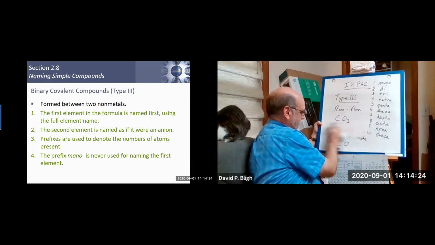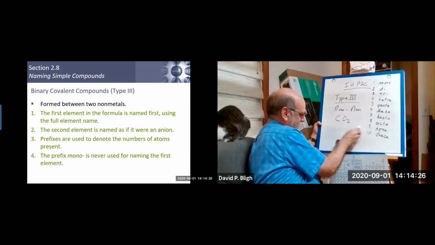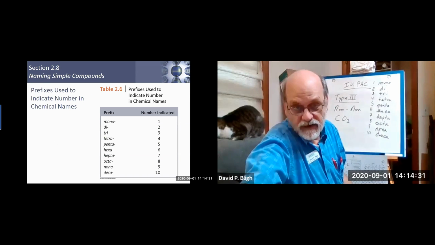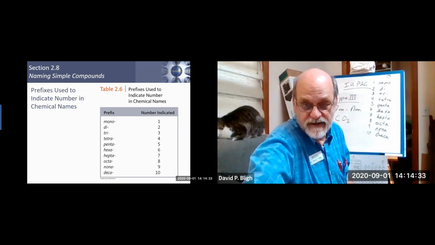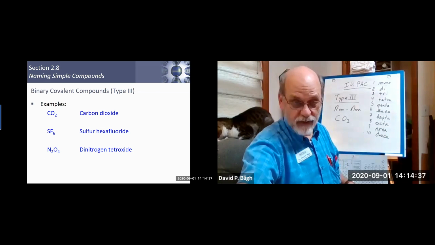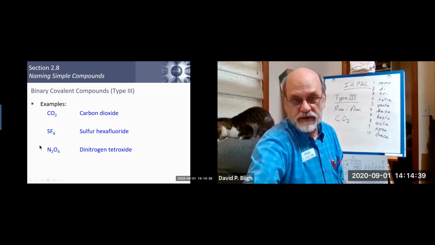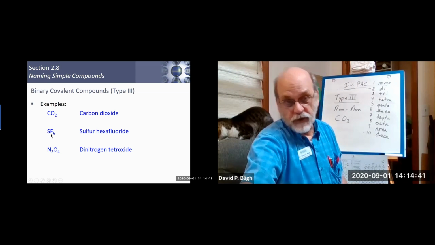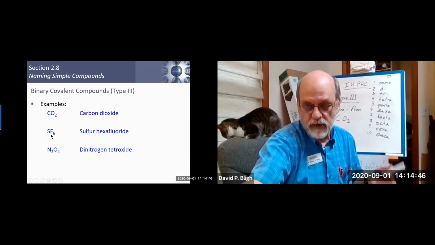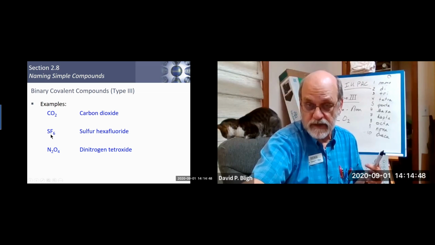Okay. Let's see. Oh, there they are. Your prefixes. Okay, we got some more examples. There's carbon dioxide, sulfur. First, I'd look to see, are they both nonmetals? Yes, they are. Sulfur and fluorine are both nonmetals. So we're type 3.